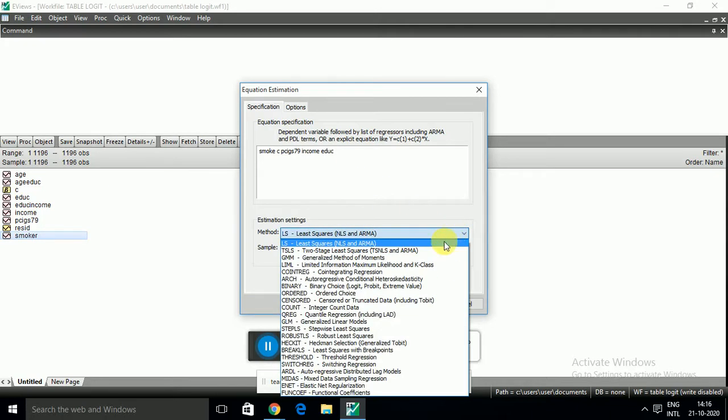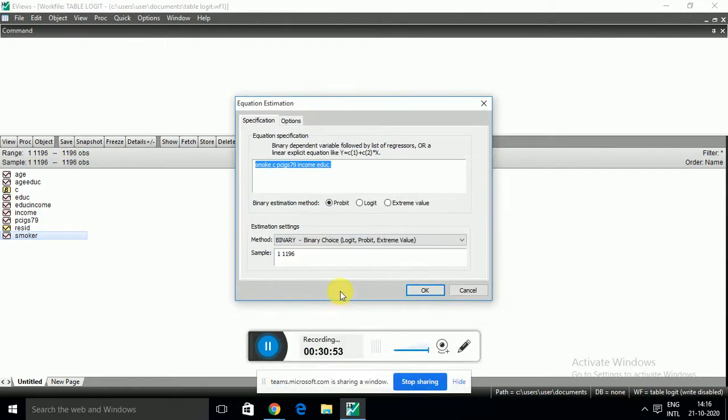For that, you have to go to this binary Logit Probit. We are not going to consider the extreme value at this point of time, but let's try to intuitively understand what the Logit and Probit model is trying to say.